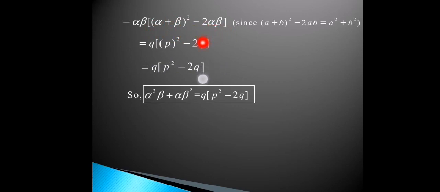So we are just going to replace alpha plus beta and alpha beta by the values which we just obtained by finding the sum of roots and the product of roots. So putting the values of alpha plus beta and alpha beta, we just get q into p square minus 2q. So alpha cube beta plus alpha beta cube is equal to q into p square minus 2q.